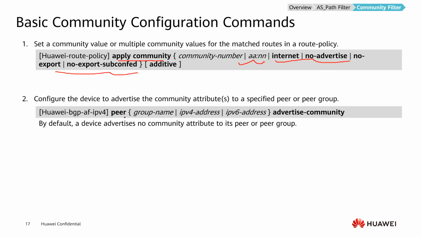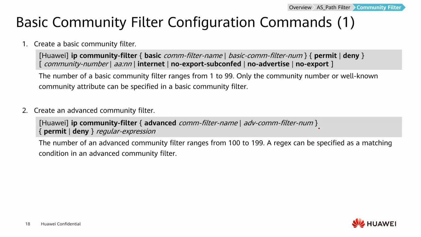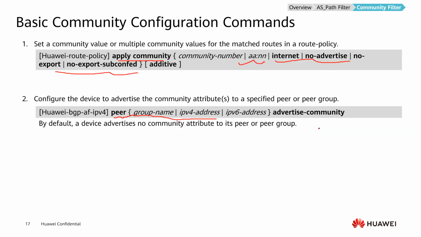And then you need to advertise this community attribute to the peer. So you need to use the peer configure command to send this community attribute to the specific peer. This page is the configuration for the basic community attribute.